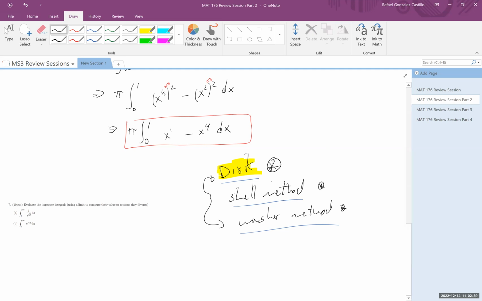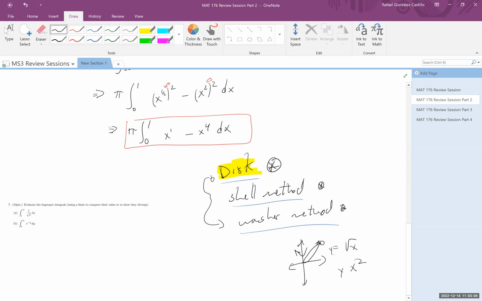And you should know, by the way, that if you're revolving about the y-axis and not the x-axis, you have to remember to change your functions. You have to write them in terms of x and not y if you're revolving about the y-axis. So if you're going in this direction, you have to change radical x and x squared.